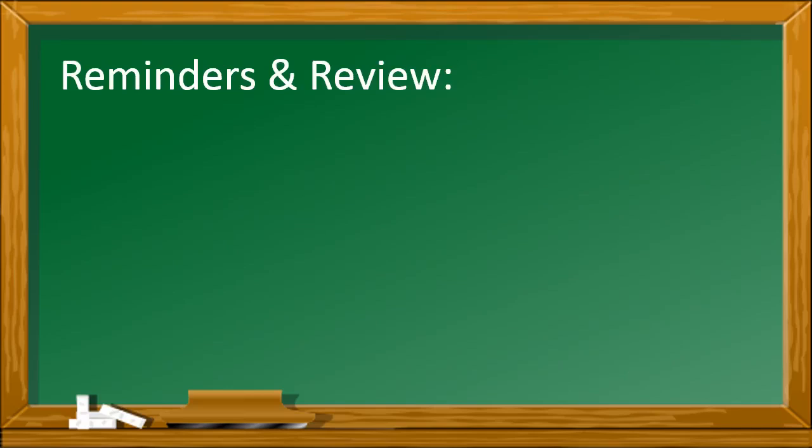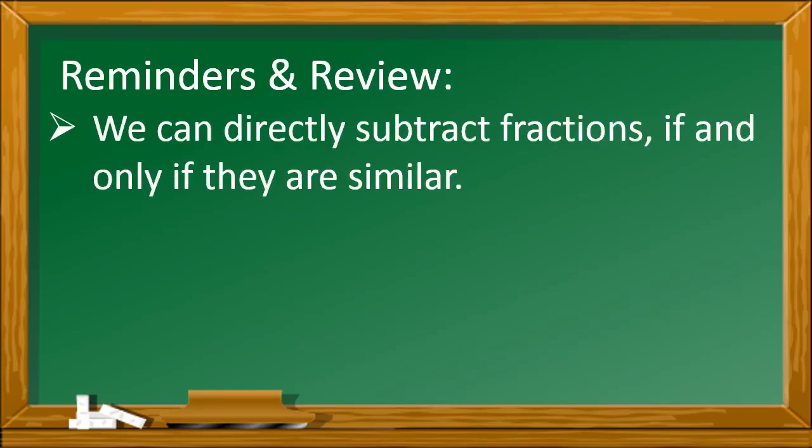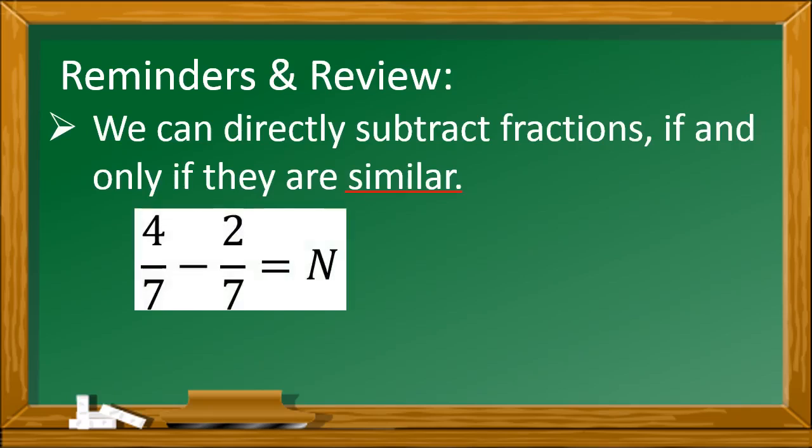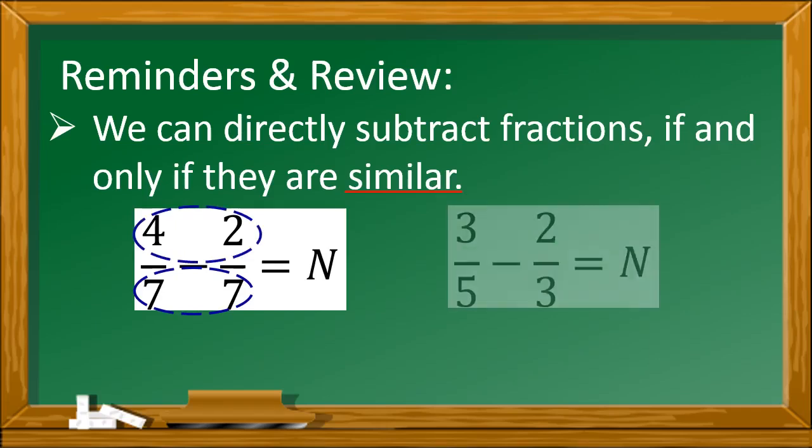Before we start, let's take these reminders and review. We can directly subtract fractions if and only if they are similar. Like 4/7 minus 2/7 equals n. The denominators are the same, therefore, we can directly subtract 4 and 2.